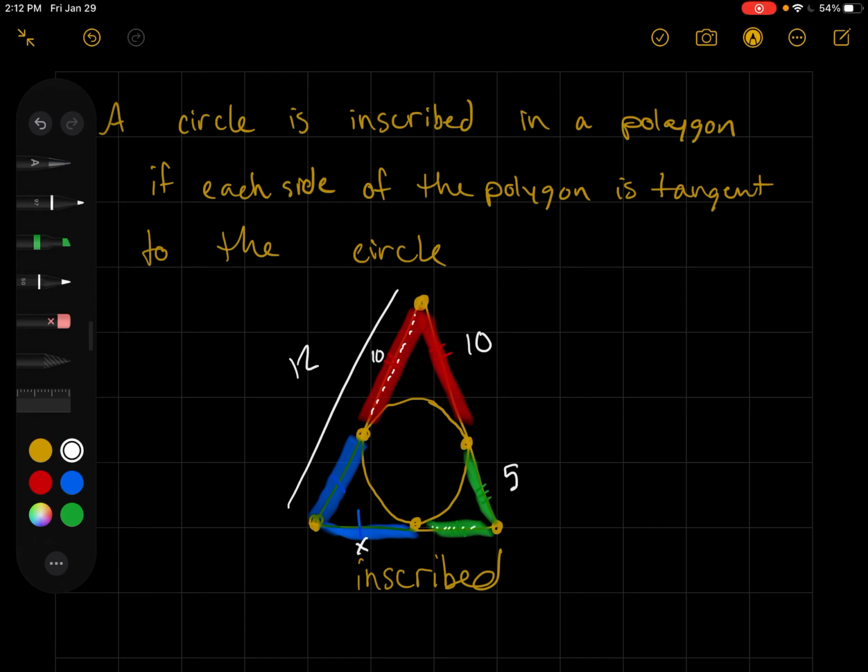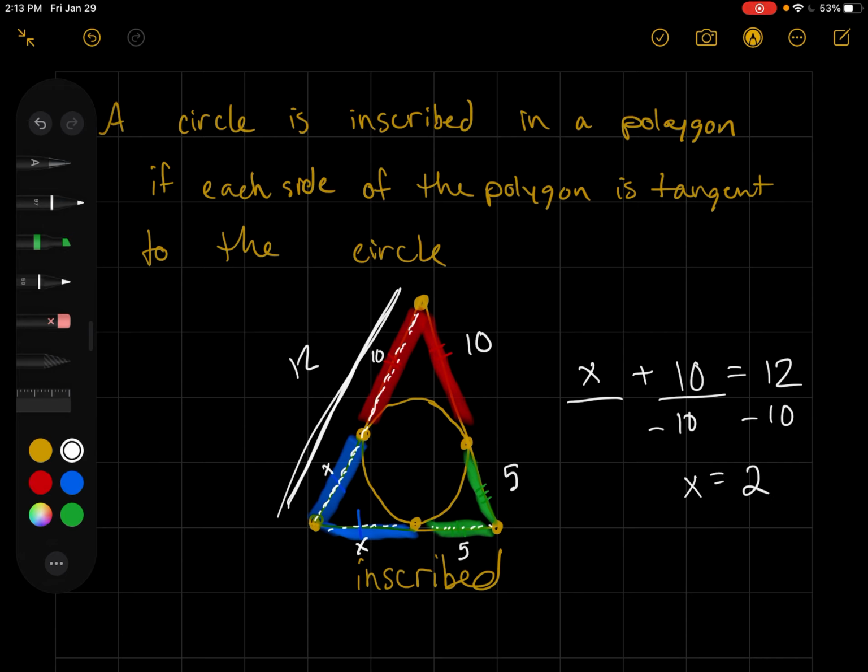We also know that this length here has to be 5. So we're basically trying to figure out, what is this length? Well, x and that length are the same. And we know, in this case now, x plus 10 equals that entire length of 12. So again, to go from all the way up there and across. So it allows you to solve for different lengths. So we can say, okay, this length here is 2, that length there is 2.